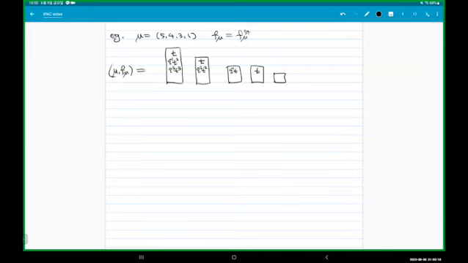Yes, the partition is 5, 4, 2, 1. Yeah, this is what I want to calculate.